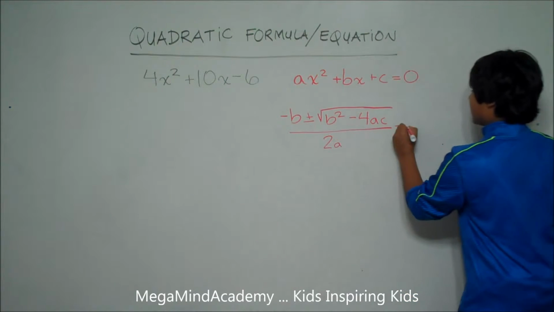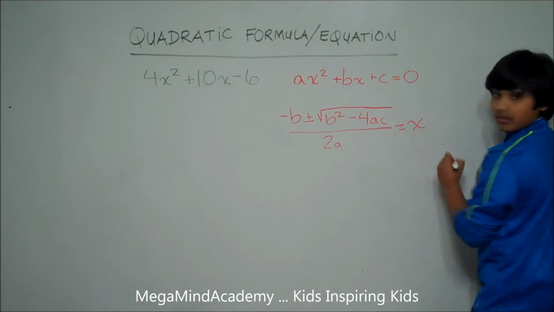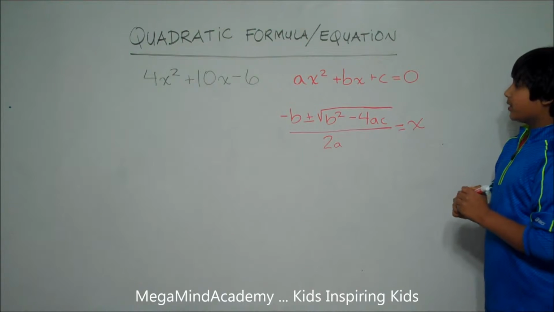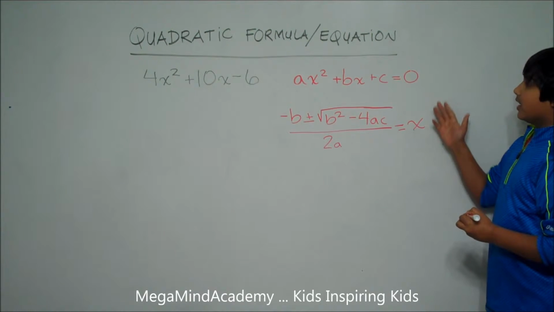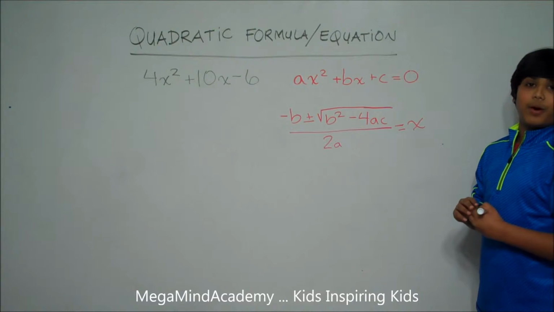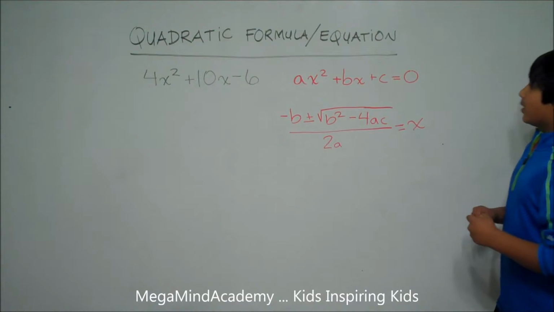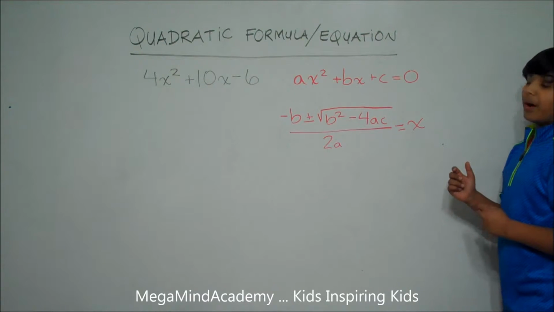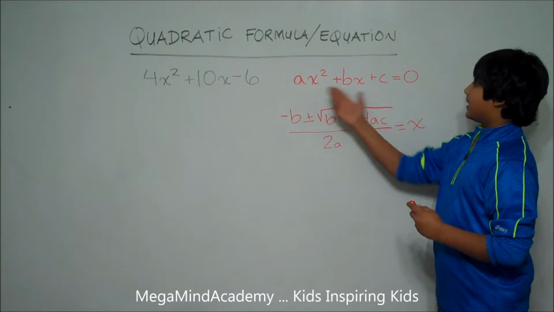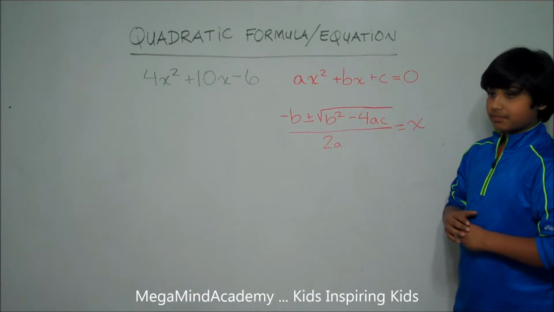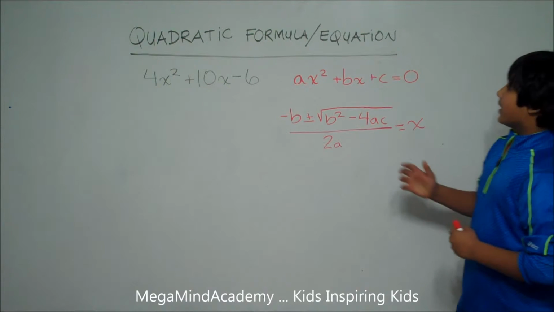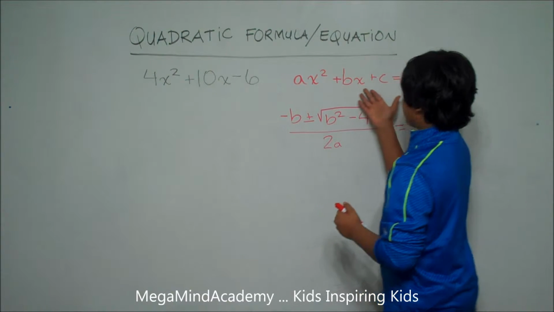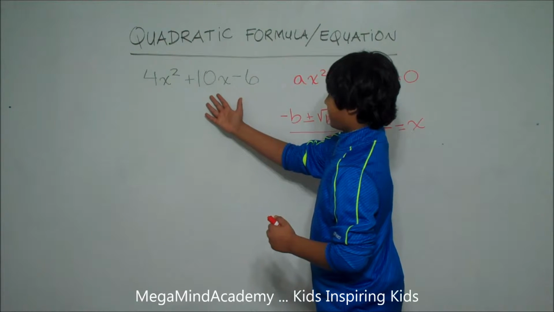And that equals x. So we're going to use these two equations to solve for both x's. These two equations connect because they both have the variables a, b, and c in them. So this is the structure for this equation.